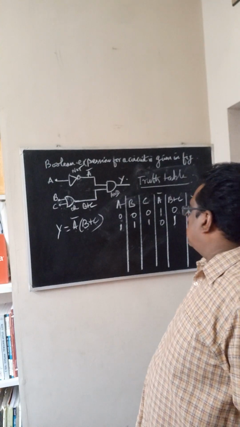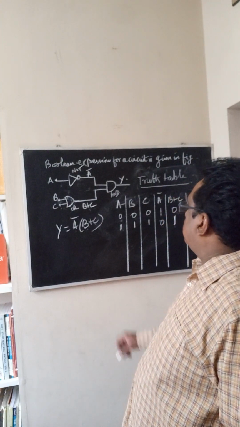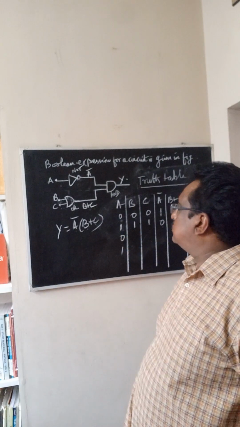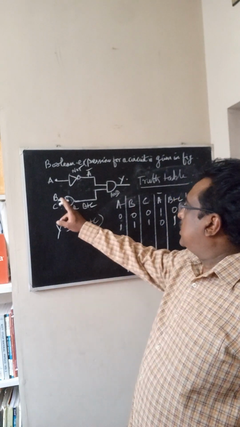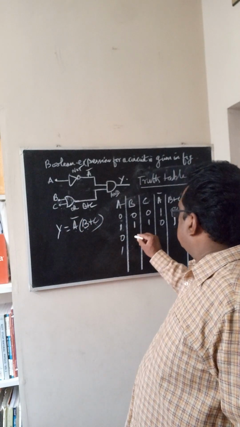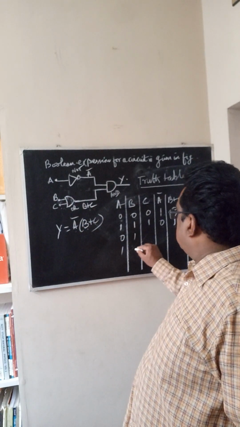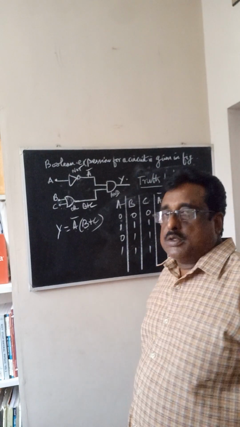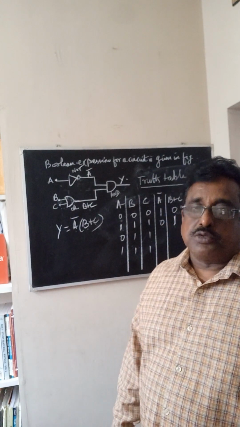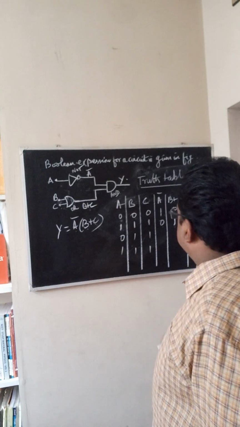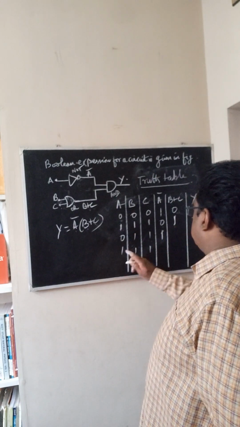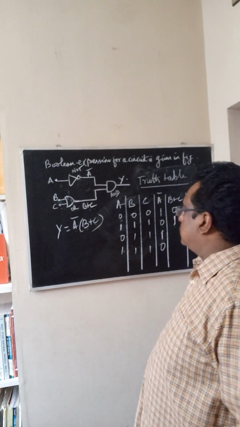In case you are giving again 0 and 1, and you are giving here 1, 1. If you are giving the inputs like that, then A bar will be 1, the inversion of this will be 0.